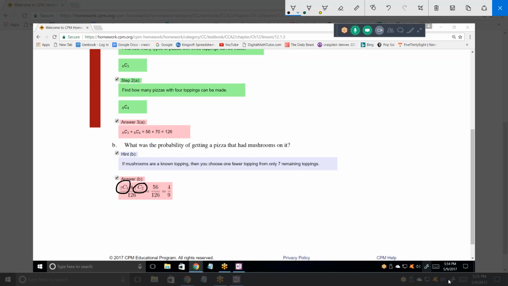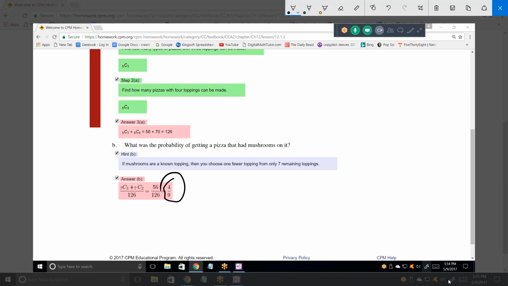Excuse me, 7 choose 2 and 7 choose 3. No, wouldn't have been that. No, because we still have 3 toppings on each pizza. So I'm a little confused. I'm not sure I totally understand how we get this answer, but I get it. Kinda.